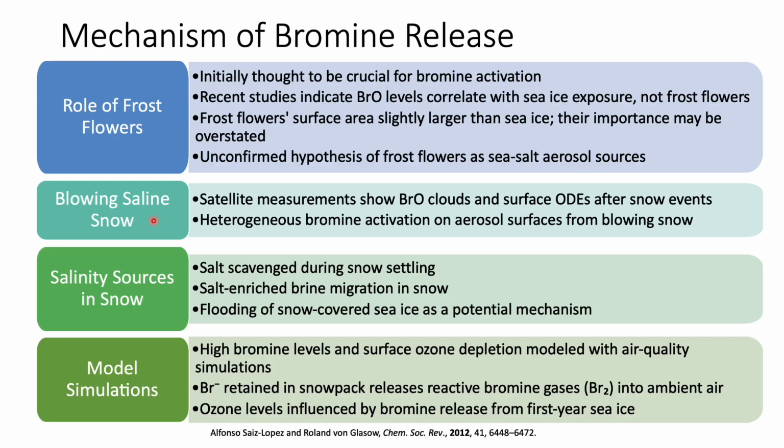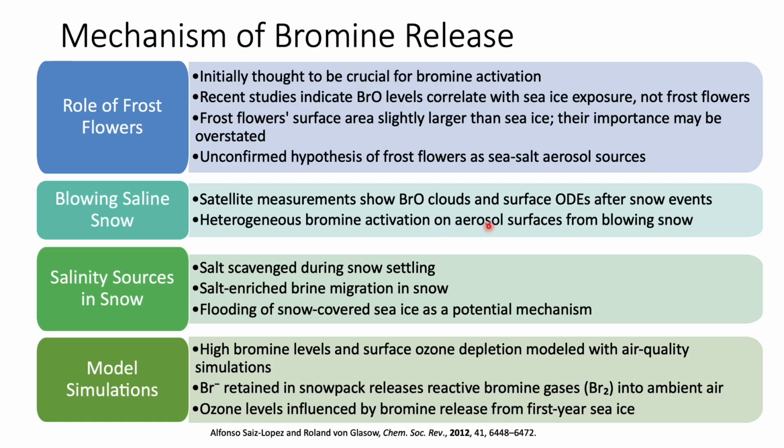Similarly, there is blowing saline snow, with salinity sources in the snow, and we can also carry out model simulations to find out the mechanism of bromine release. Using satellite measurements, we can show bromine oxide clouds and surface ODEs, ozone depletion events, after snow events.